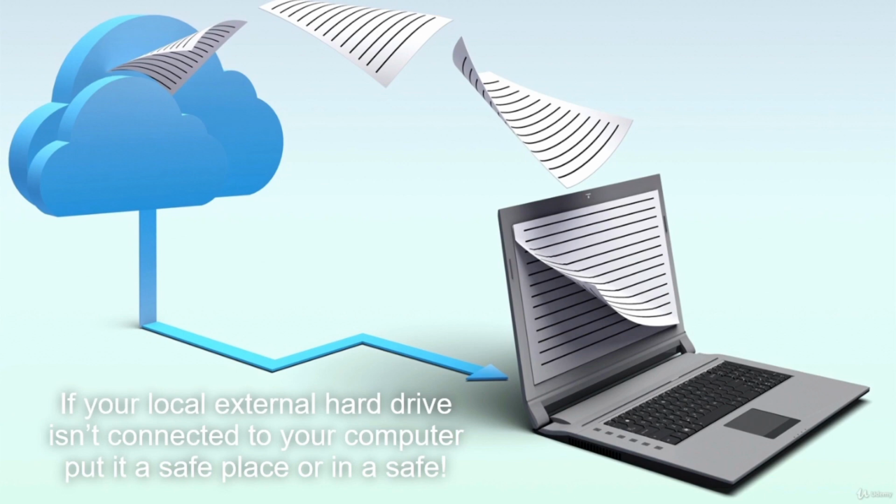Let's look at some backup software. We need to back up our important files in 3 places. Just remember again, your live copy, that is the data on your internal hard drive, is not one of the copies.